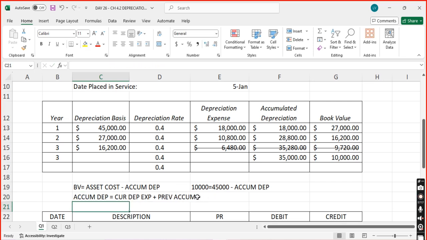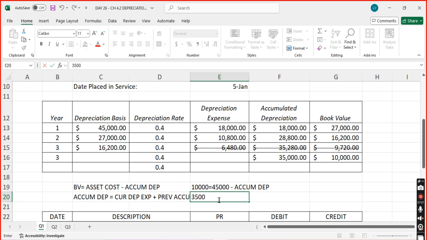We know that this formula is true. So if my accumulated depreciation was $35,000, we don't know what the depreciation expense is, so depreciation expense plus what is my previous year's accumulated?